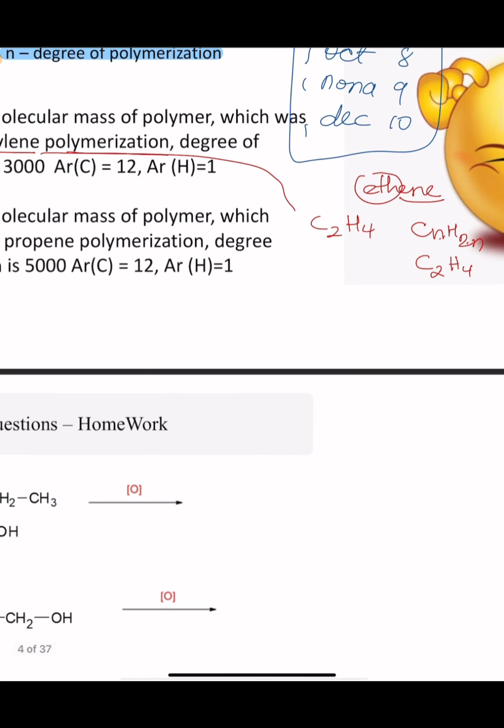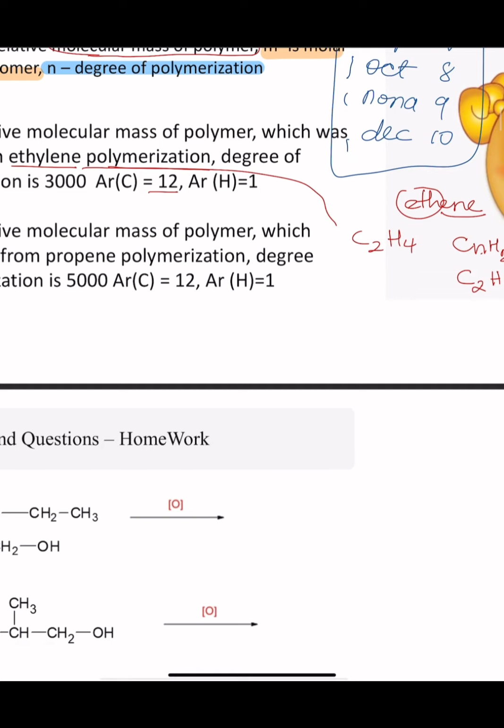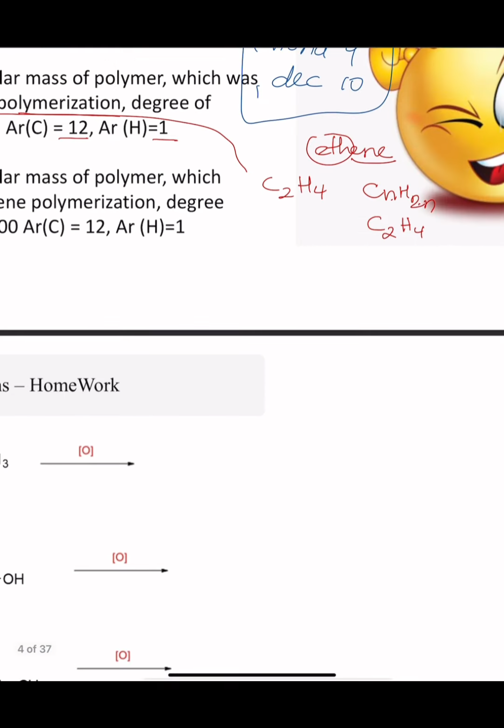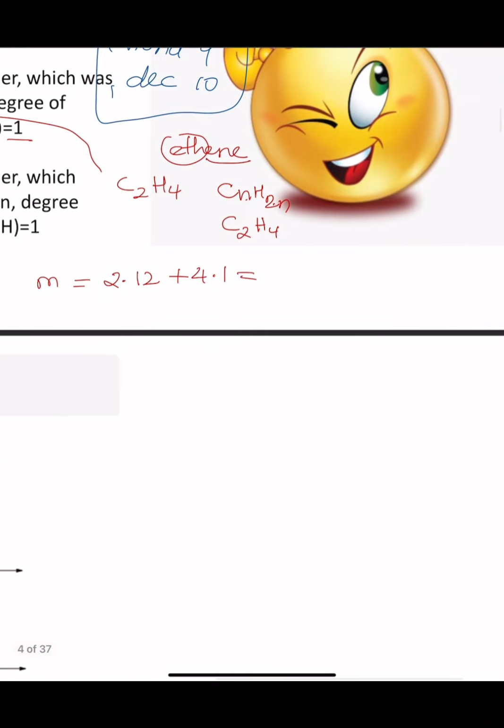You're given that carbon mass is 12, hydrogen is 1. So you need to do 2 times 12 plus 4 times 1, which gives you the small m, which will be 24 plus 4, 28 grams. So one monomer is 28 grams.